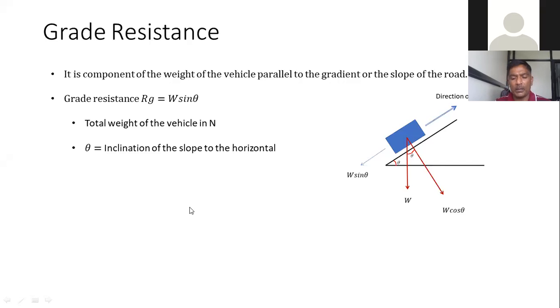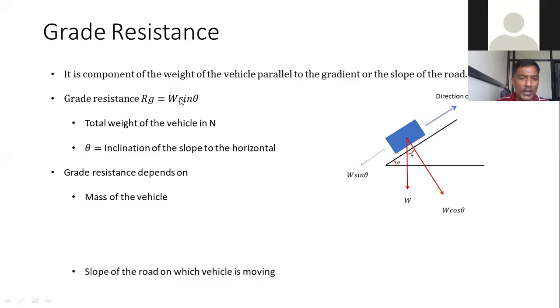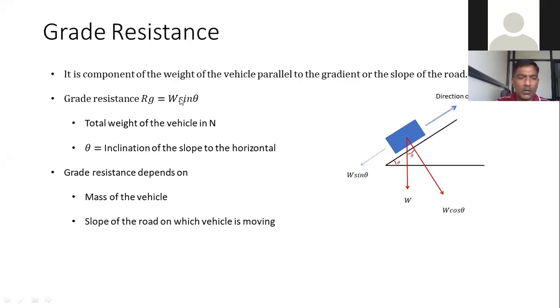This grade resistance depends upon theta as well as W, the mass of the vehicle, and the slope of the road on which the vehicle is moving.